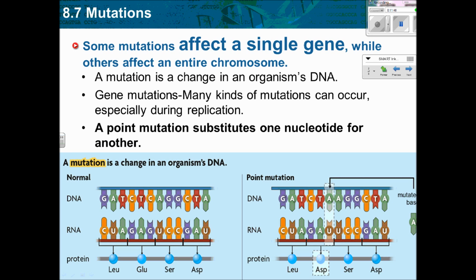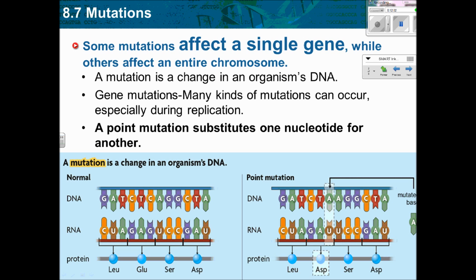So what is the problem? There's supposed to be TAA, and look at it, the T has become a C. Do you guys see that? So at one point, there's a different nucleotide there. It shouldn't have been there. The DNA polymerase, that enzyme, didn't catch it. Now it's stuck. This person has this mutation in all their cells.